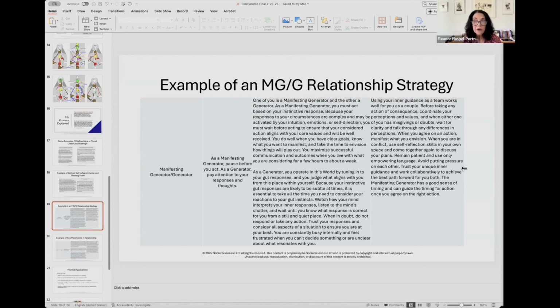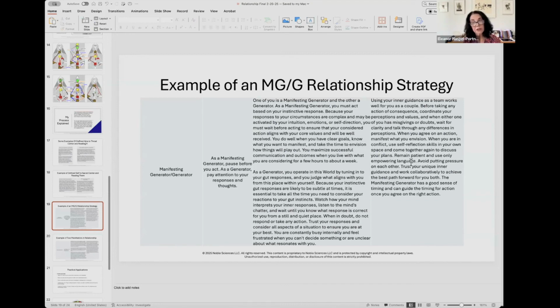When you agree on an action, manifest what you envision. When you are in conflict, use self-reflection skills in your own space and come together again to discuss your plans.